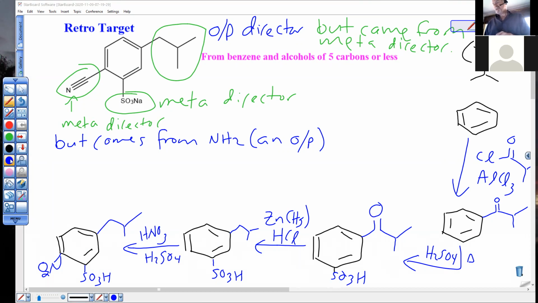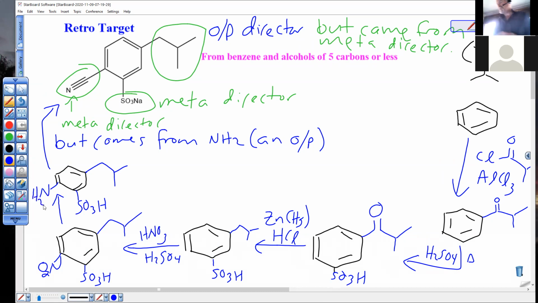How do you reduce the nitro to an NH2 so I can make my target? We're going to be making our target shortly after we make this intermediate right here. We have an IBU right here. We have an SO3H here. And we have an NH2 here.